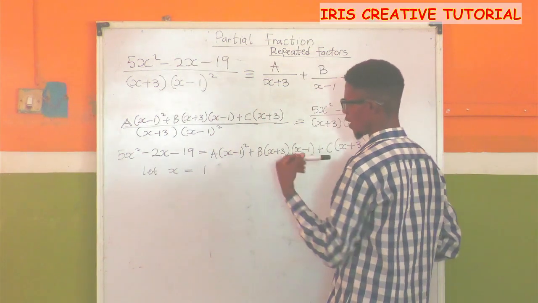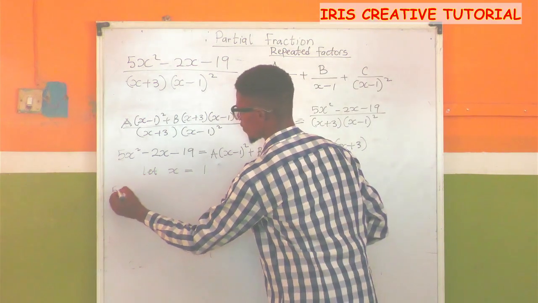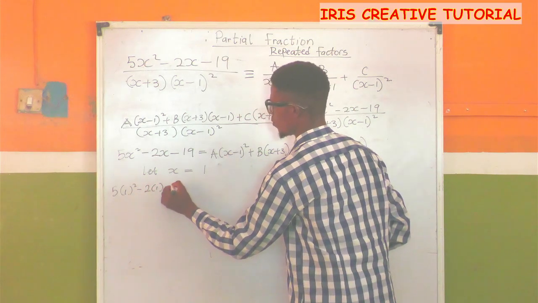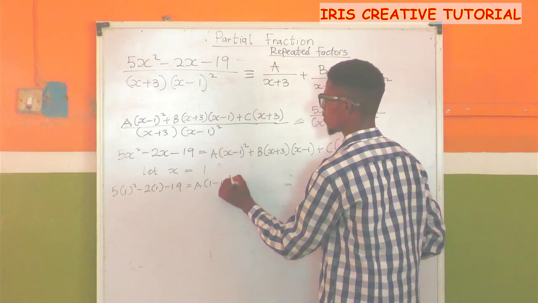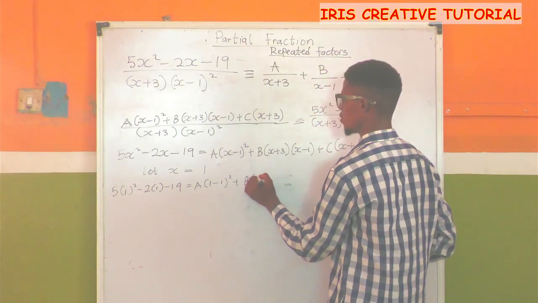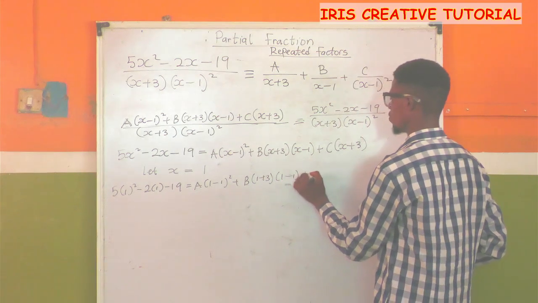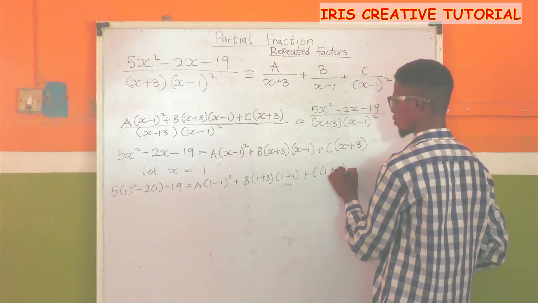So we put the value for x on both sides of this equation. So we have 5 into 1 squared minus 2 into 1 minus 19 equals A into 1 minus 1 squared plus B into 1 plus 3 times 1 minus 1 plus C into 1 plus 3.